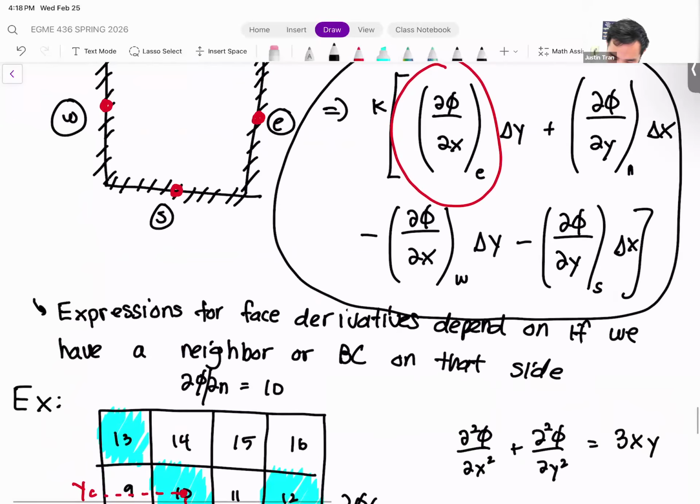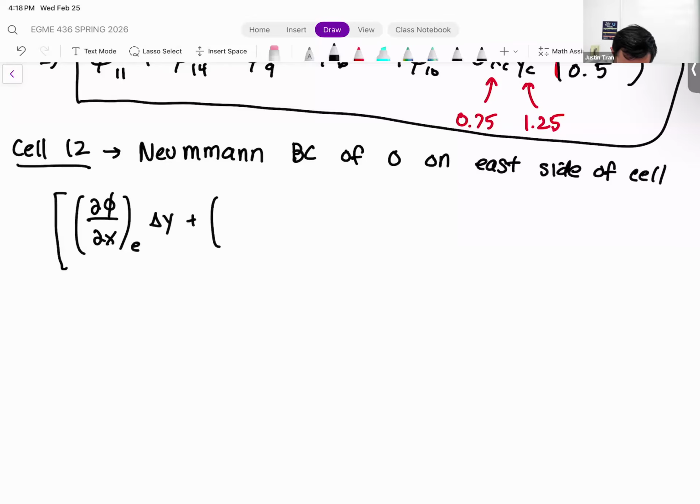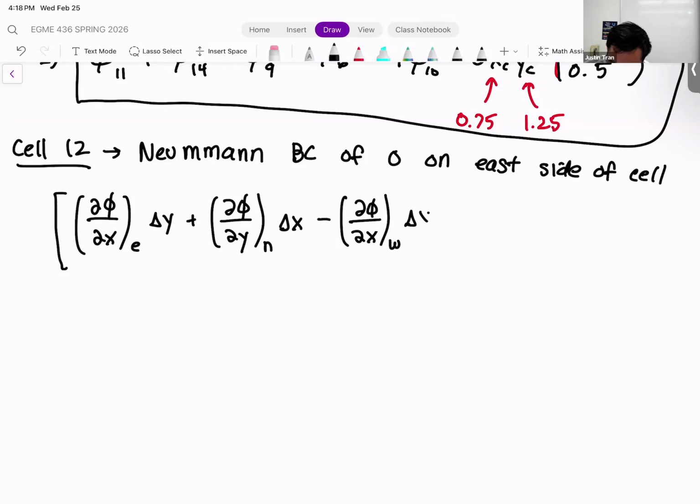For this expression, I'm going to ignore the k just because we know the k is 1 for our case. So for cell 12, we're going to have partial phi partial x on the east side, delta y, plus partial phi partial y on the north side, delta x, minus partial phi partial x on the west side, delta y, minus partial phi partial y on the south side, delta x.